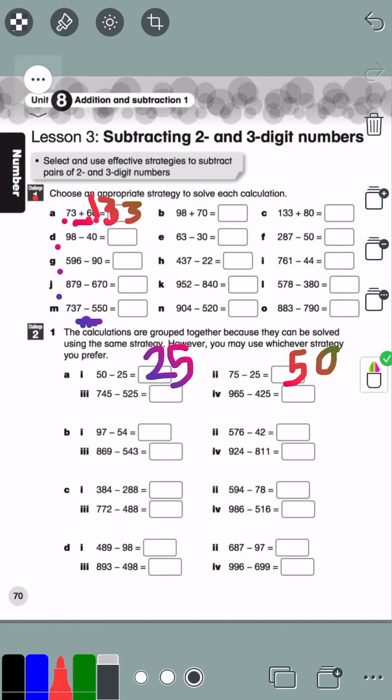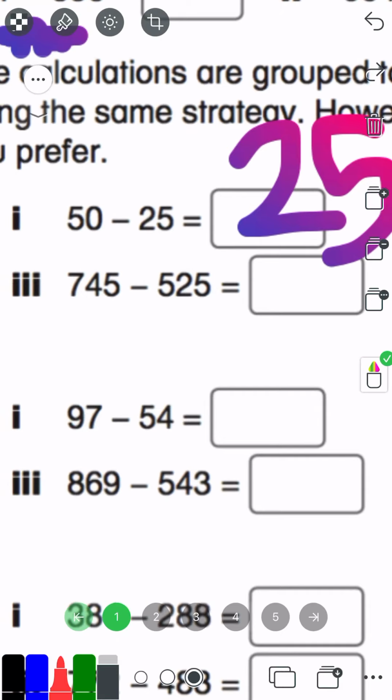Okay, now here we can subtract directly, and here we can subtract directly. In B, we can use the compensation method. 97 minus 54, as I said before, we can make the 97 become 100.